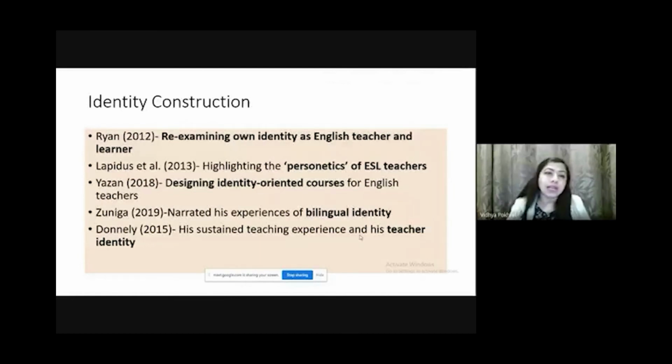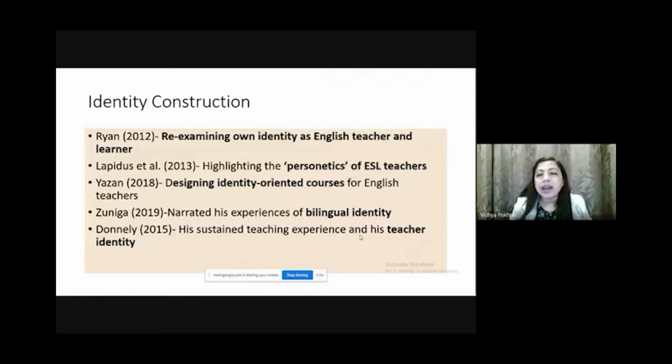So from my study, RAN 2012 is towards this identity construction, where he examined identity as English teacher and learner. Lepidus et al. 2013 highlighted the personetics of ESL teachers, which is also about self-identity. Yazin 2018 brought his experiences of designing identity-oriented courses for English teachers. Junika 2019 narrated his experiences of bilingual identity.